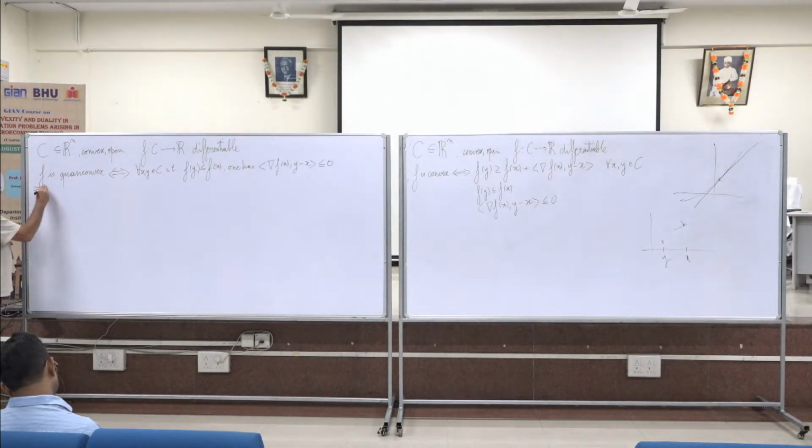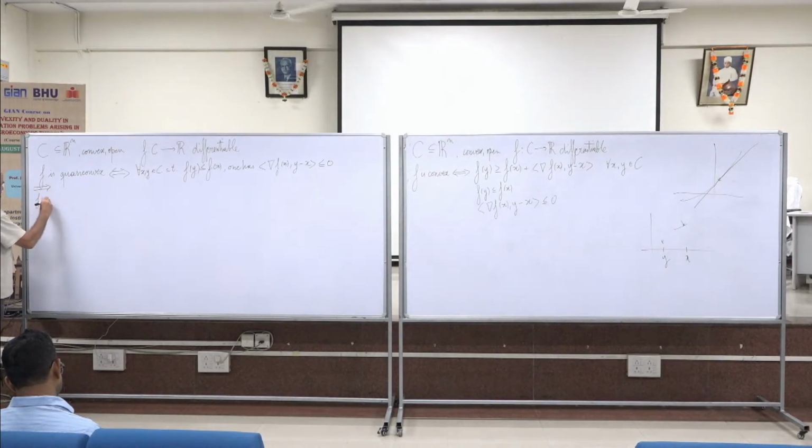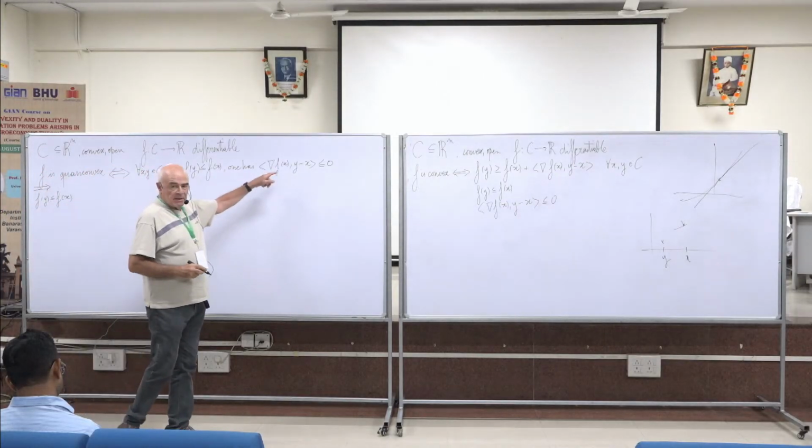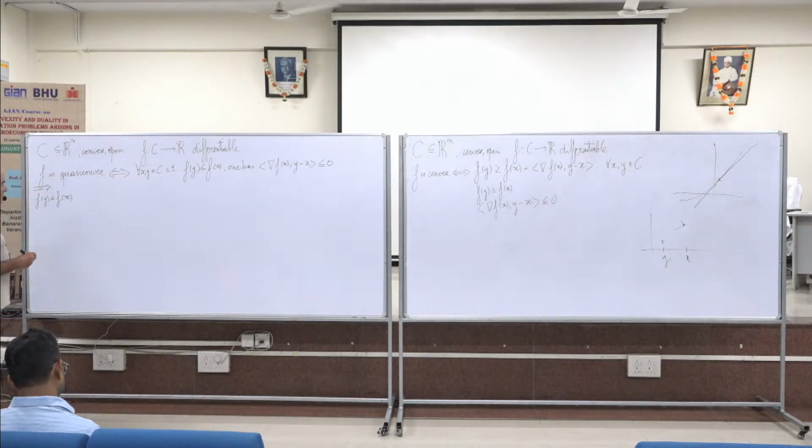The trivial direction is this one, because assuming that f of y is less than or equal to f of x, what can we say about this scalar product? As I already mentioned, this is the directional derivative of f at x in the direction y minus x.